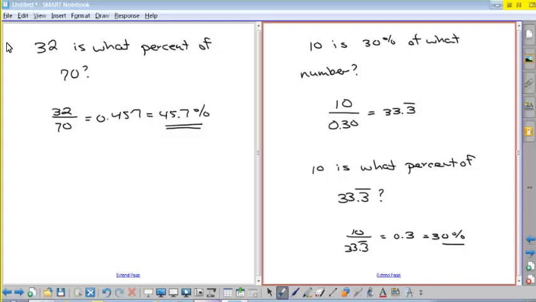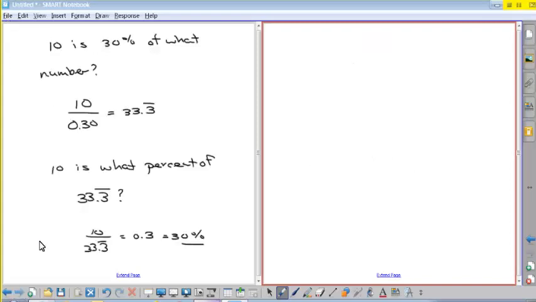And then finally, and I'll just let you look at your homework for this, there'll be 2 word problems talking about percent increase and percent decrease. So if something increases, calculate percent increase.